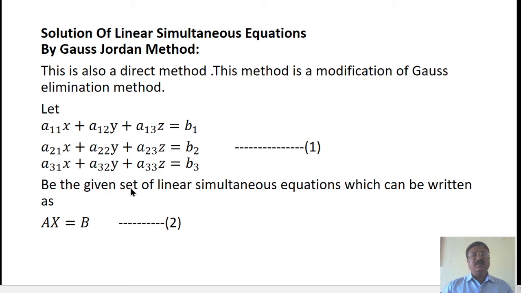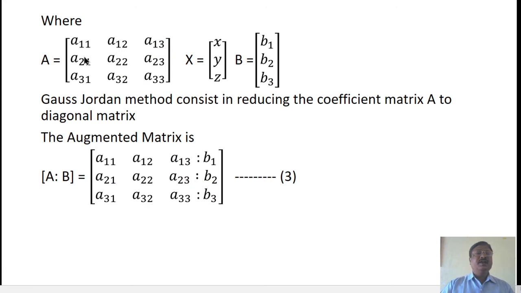So this is the given set of linear simultaneous equations, which can be written as Ax is equal to b. So name them as equation 1 and 2. Now where A is the coefficient matrix, x is equal to x, y, z and b is equal to b1, b2, b3.